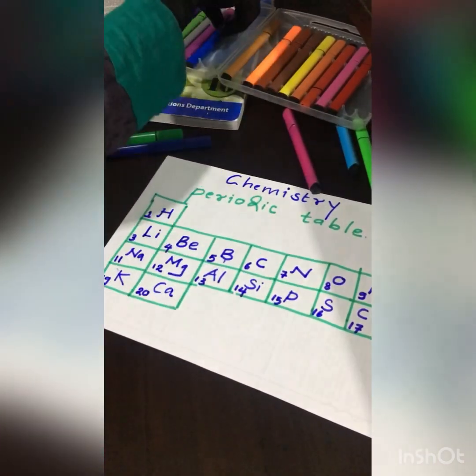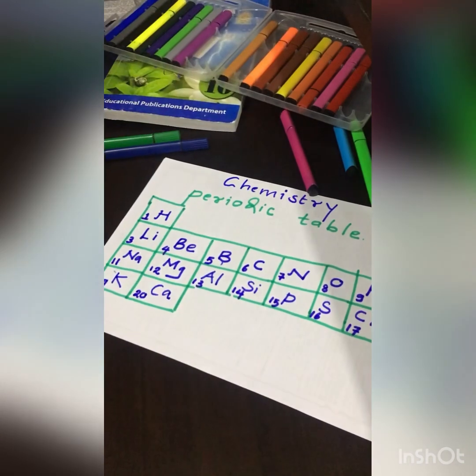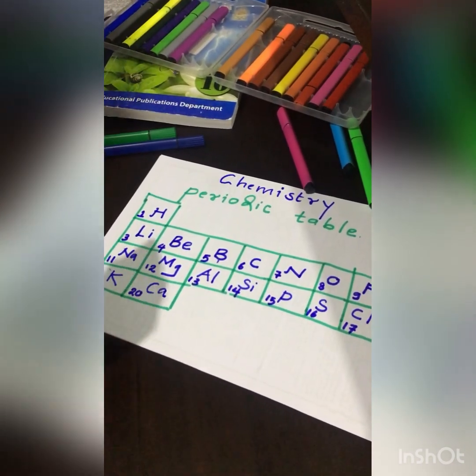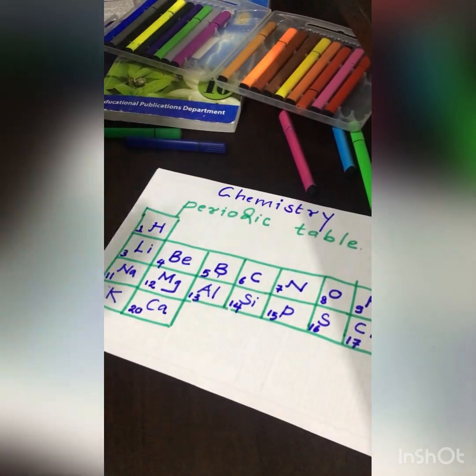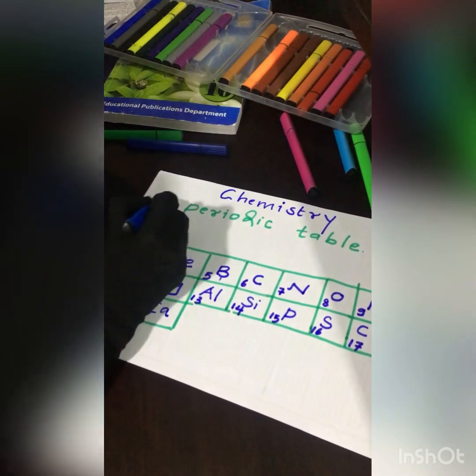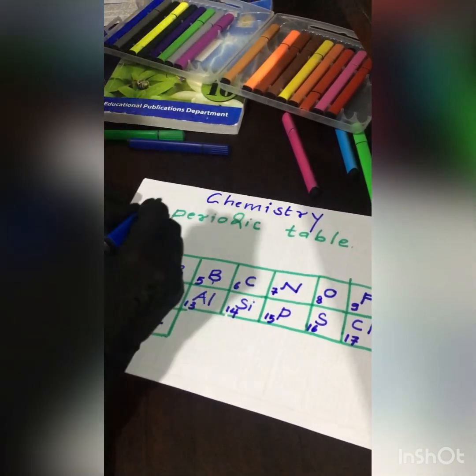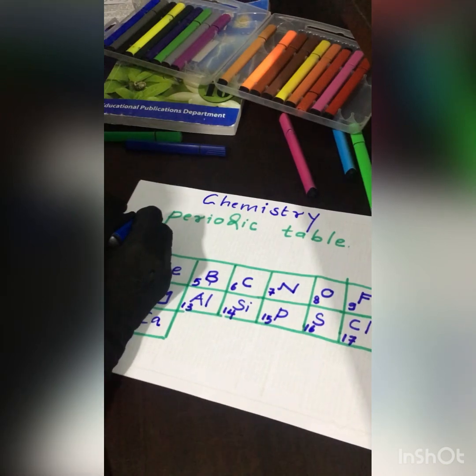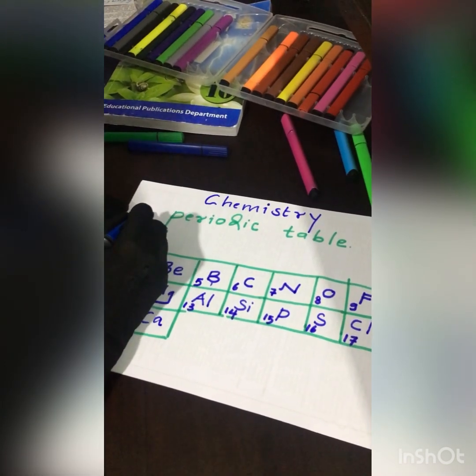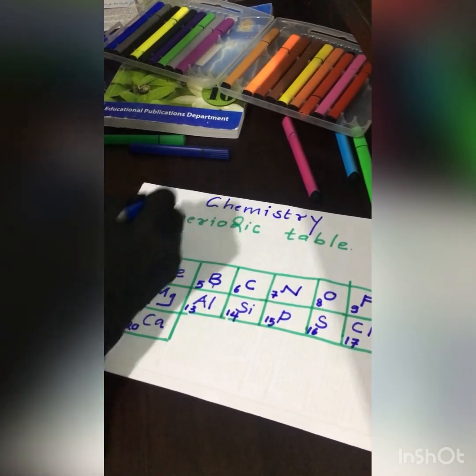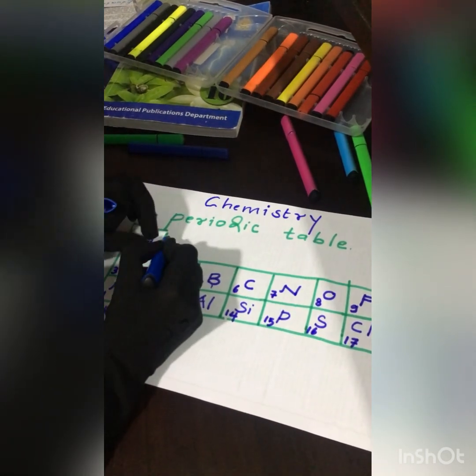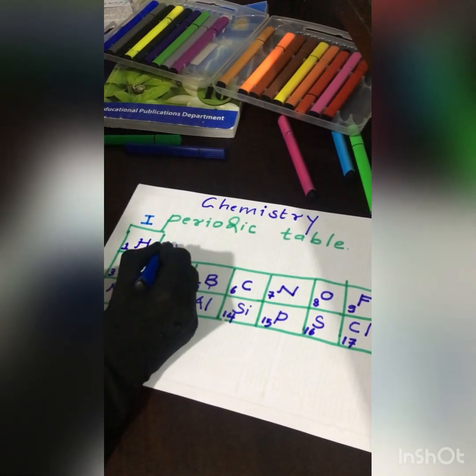Now let me mark all the groups and the periods that is present in the periodic table. Now let me mark the groups. Groups are marked in Roman numbers in the periodic table. This is group 1. This is group 2.